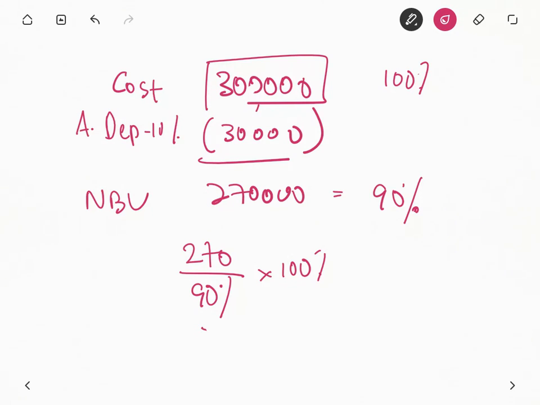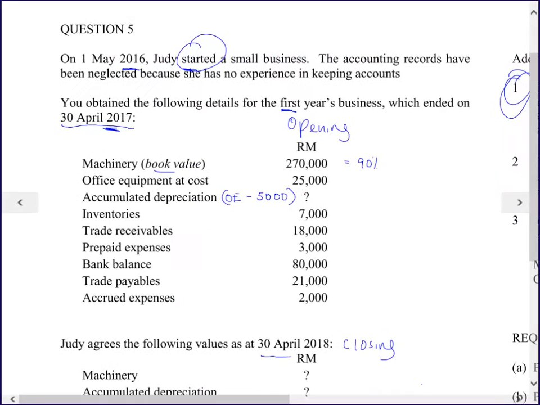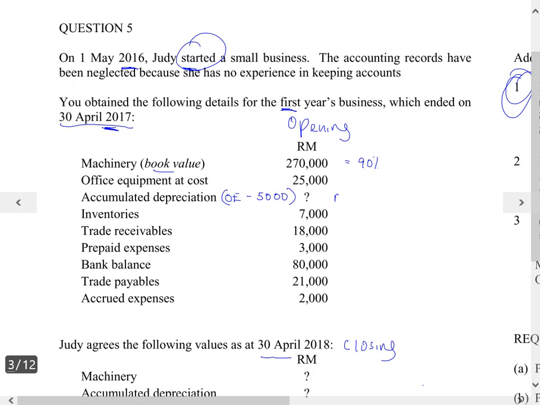So once I know my cost to be 300, my book value is 270, I know my accumulated depreciation, 30. Okay, so now my accumulated depreciation for machinery.